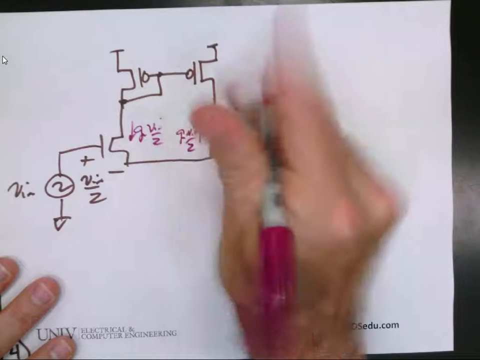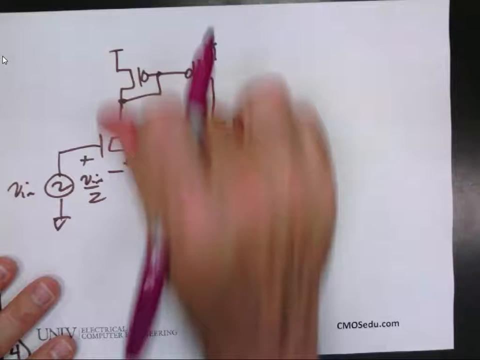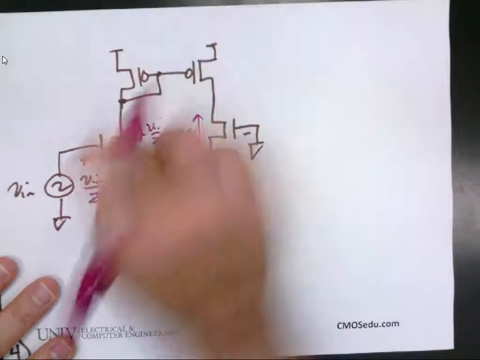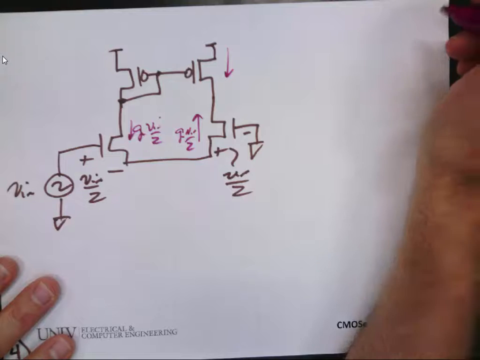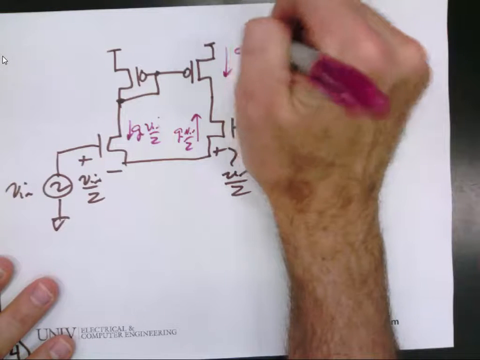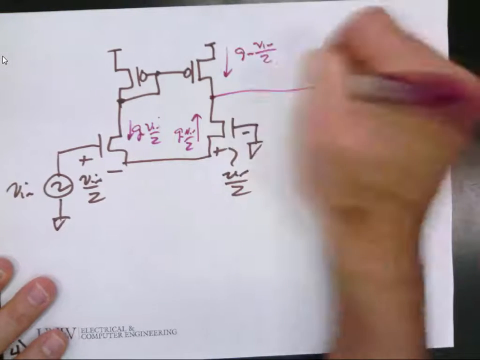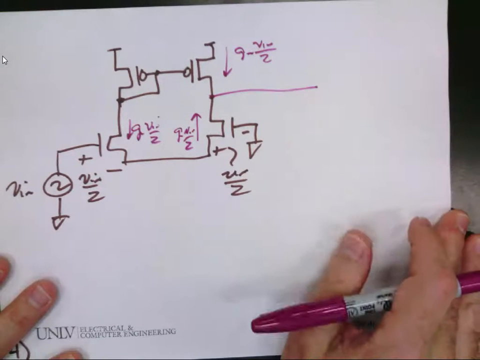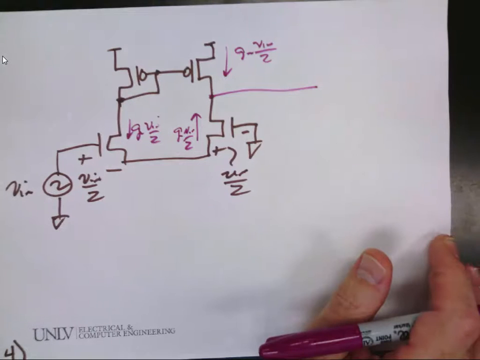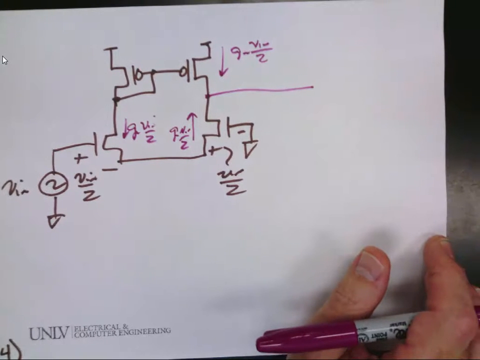Gm Vn over 2 because ID2 is minus that, or the current flows down. It's mirrored across. What's the current flowing here? Gm Vn over 2. Does everybody agree? Anybody not follow this? Because this is what we'll use for the rest of the semester in op amps.